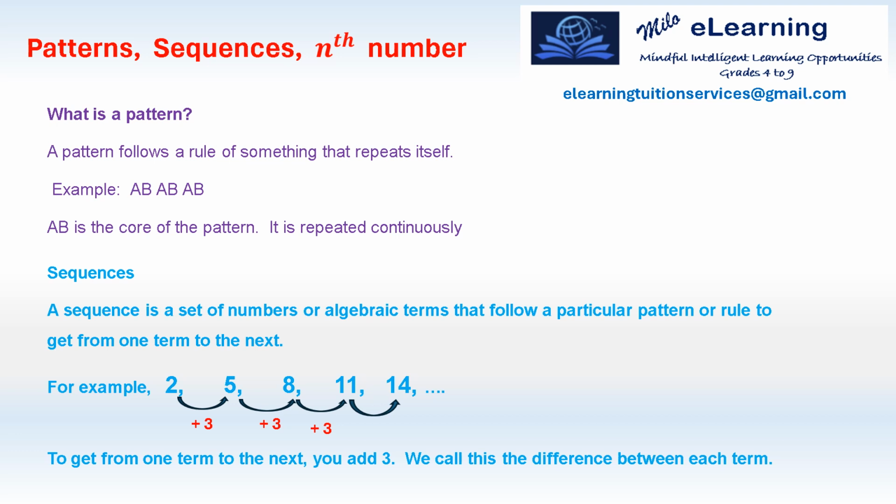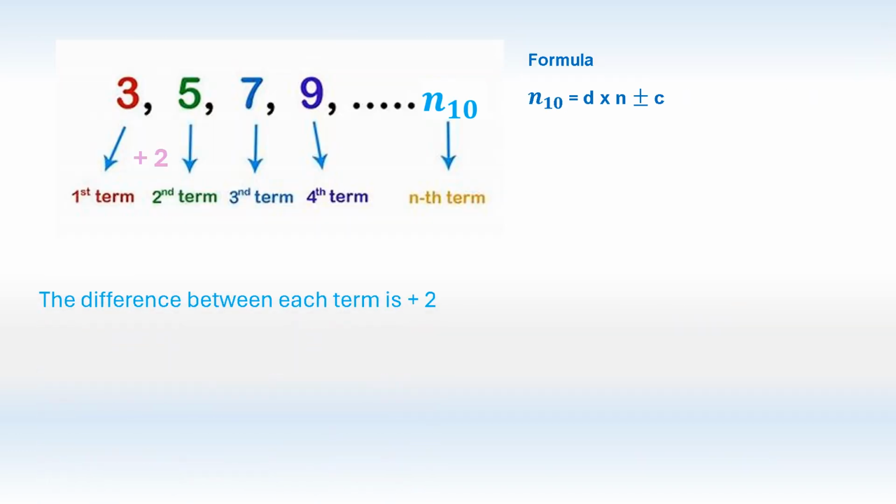Now let's look at it more clearly here. We have 3, 5, 7, 9, and then we have a set of missing numbers, and we want to calculate the nth term. So the first term was 3, the second was 5, the third term was 7, and the fourth term was 9.